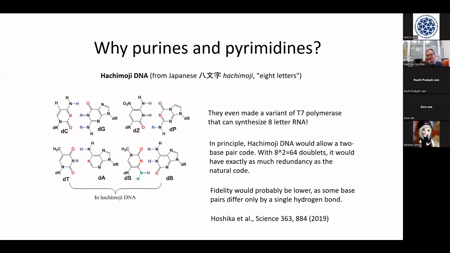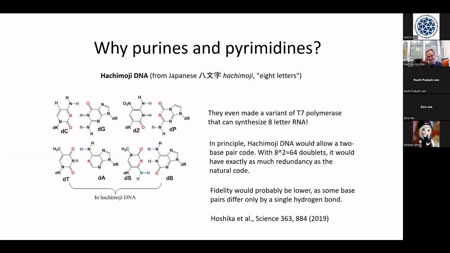In terms of coding capacity, this would allow you to go down not to base triplets for the code, but base doublets would do, because you have eight alternatives, and two of them would give you 64 possible combinations, which is just as much as you have from three different standard DNA or RNA bases in the triplets.